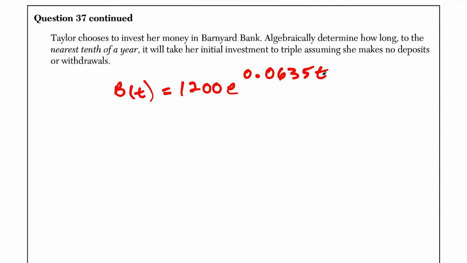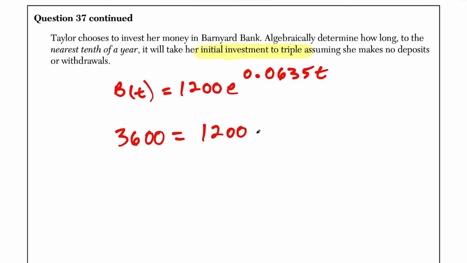This is the function for B of t, which represents how much money she'll make with Barnyard Bank. So if her goal is to triple her initial investment, then we're going to take 1200, that's the initial investment, and triple it, or multiply it by 3. So that's 3600. So we're going to set B of t equal to 3600.